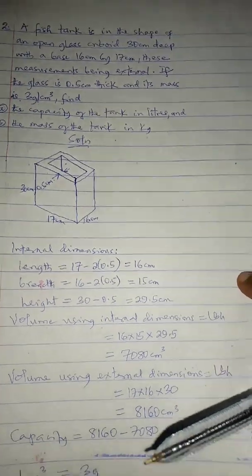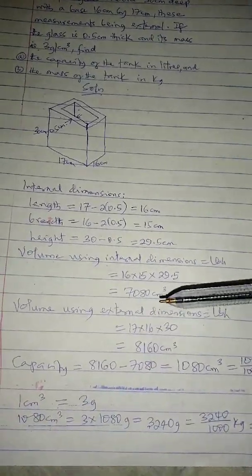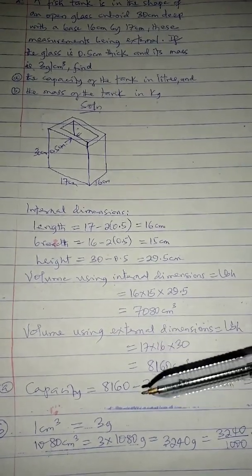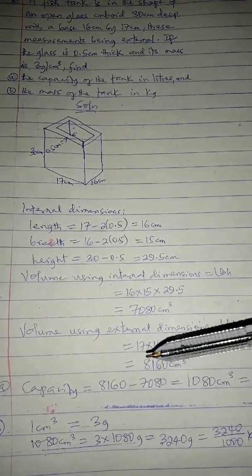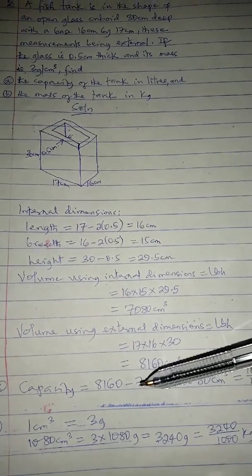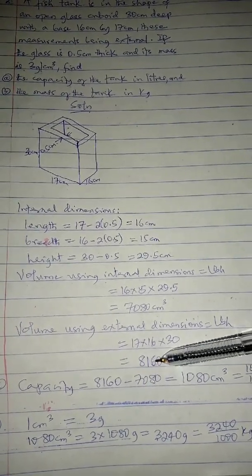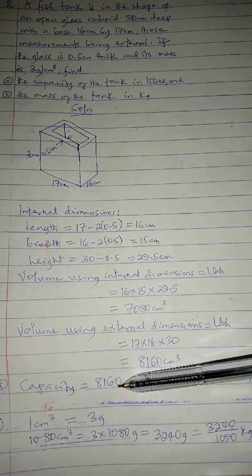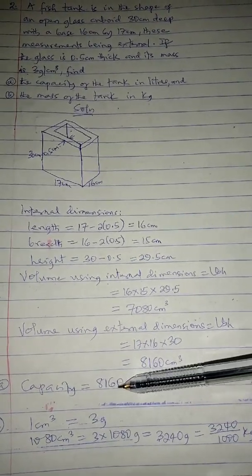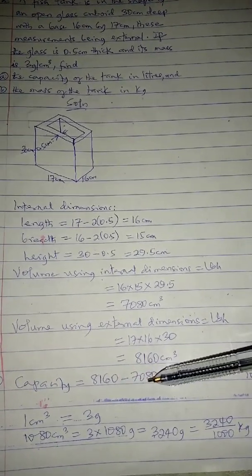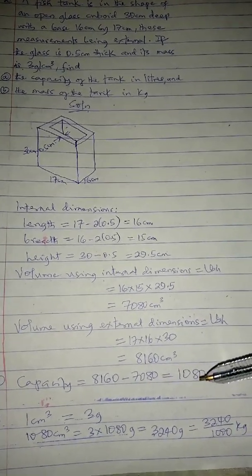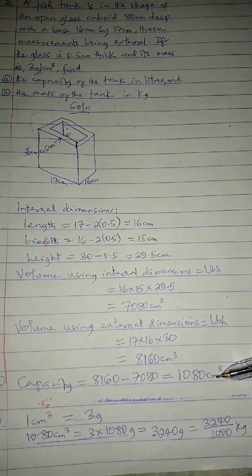That will give us 8,160 cm cube. Now, when you hear capacity of the tank, it is the same thing as the volume of the tank, which you get by subtraction of volumes. That is the volume using external dimensions minus the volume using the internal dimensions, and that will give 1,080 cm cube.